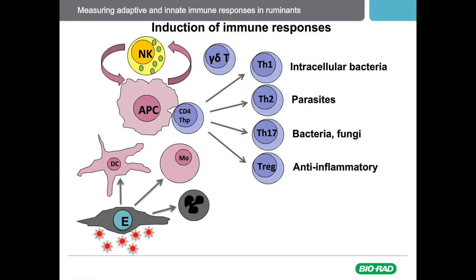This then develops further into the subsets of CD4 T cells, and I've just given an example here of some of the subsets. Th1 type cells, which are important for defense against intracellular bacteria, Th2, which are important for defenses against parasitic infections, mainly nematodes, Th17, which are involved in responses to extracellular bacteria and fungi, and of course regulatory T cells, which are very important for controlling these immune responses.